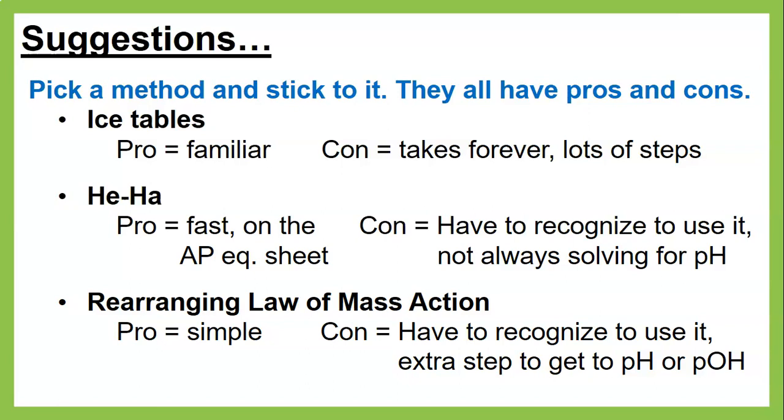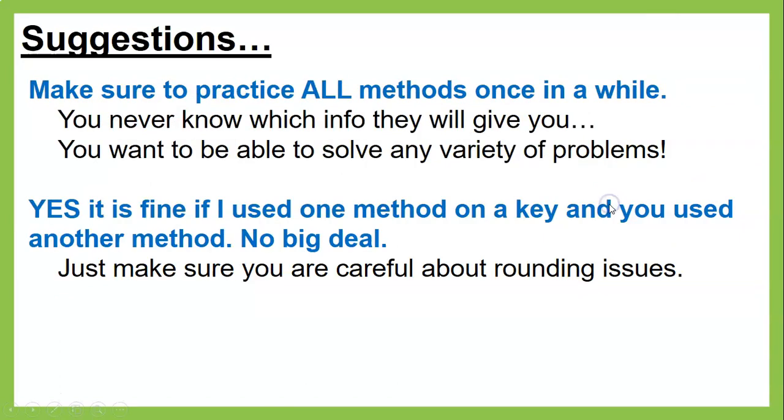But I will really, really suggest and really ask that you practice all of them a little bit. I think if you can practice all of the methods, it will give you a little bit of comfortability with the material. And if you are all anxious on a quiz or stressed out during the AP test and your brain freezes, then your brain has alternate pathways it can pursue to get to the end result, right?